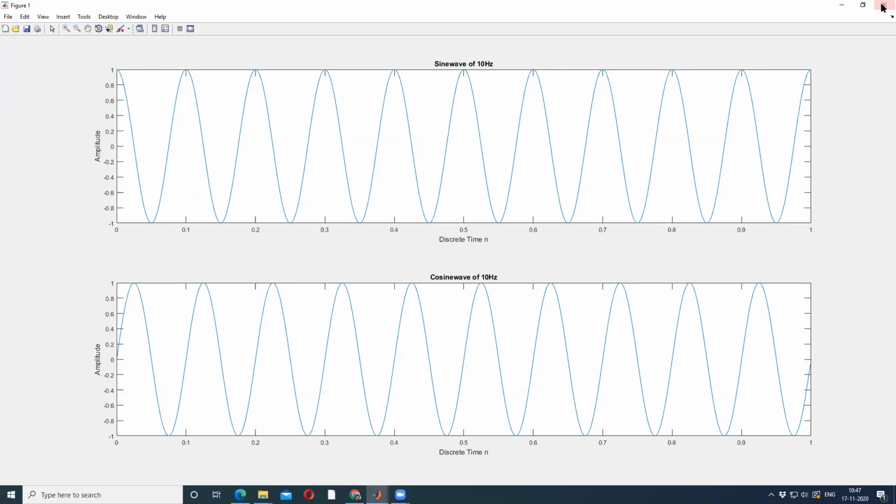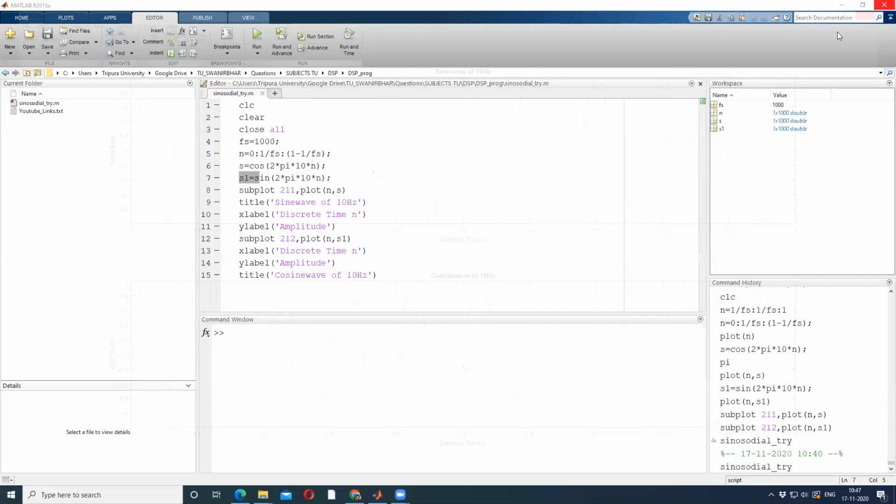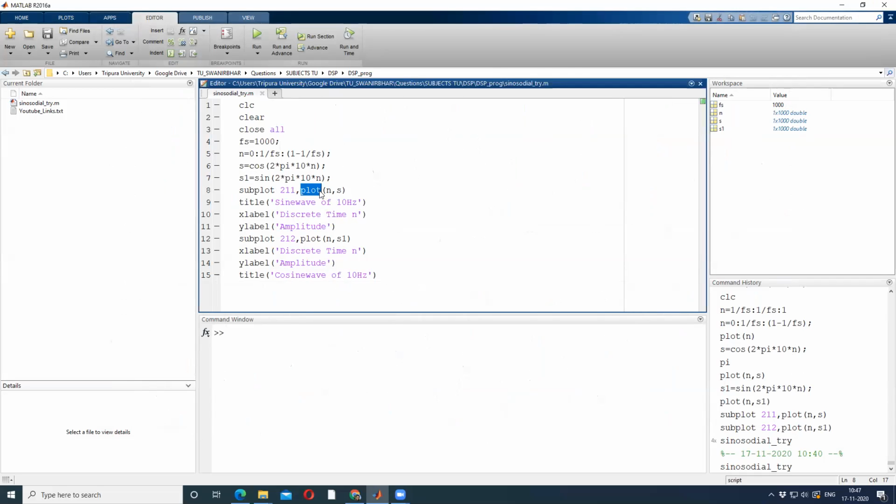Instead of doing this plot, if I use the command stem, you get the discrete plot. Here also I replace it with stem and run it again.